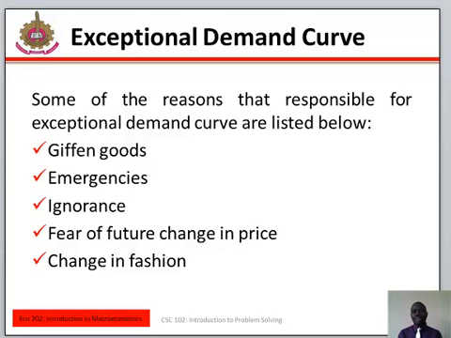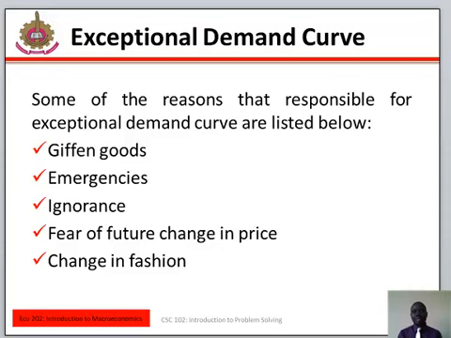The next one is ignorance. Ignorance of the consumer is another factor that at times induces him to purchase more of a commodity at a higher price. This usually happens when the consumer is haunted by the phobia that a high price commodity is better in quality than a low price one.